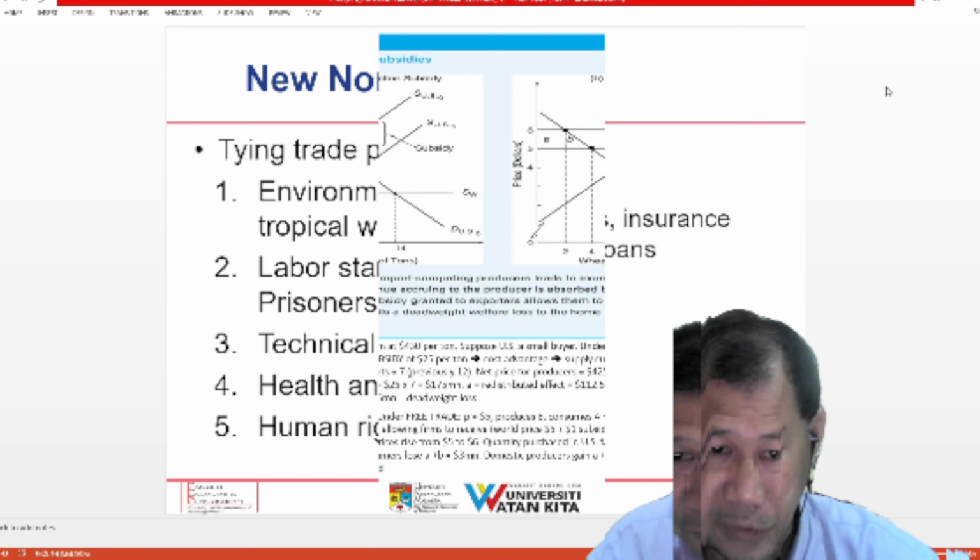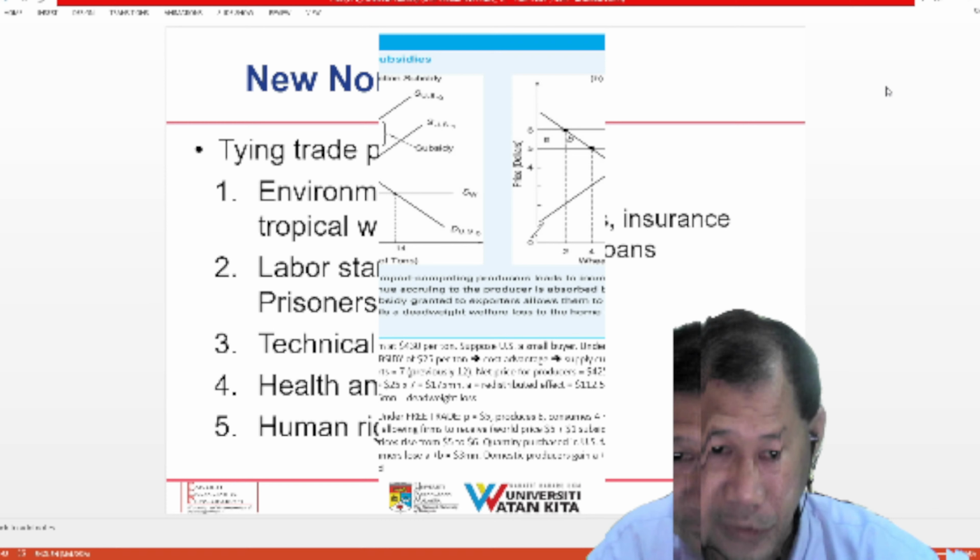So these are non-trade issues: labor, environment, and technical standards, like the catalytic converter. Long time ago, any car that goes into the United States must have a catalytic converter to reduce the smoke coming out.